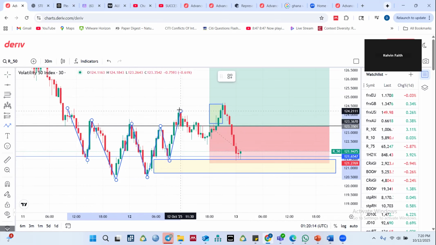So right from here, we got a break of structure. We got a close above the sellers here. Then we pulled back down to this place, and we got another strong indication to this place. So we have two breaks of structure within this consolidation.